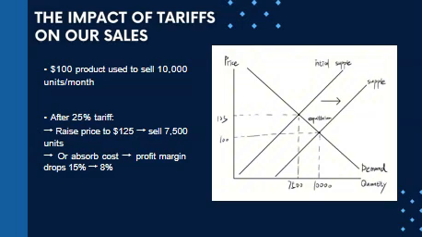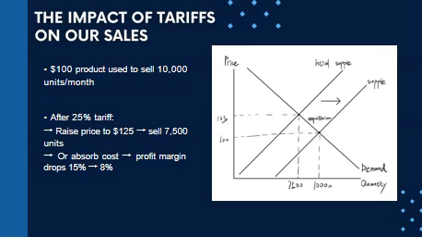When we sold our product in the May export market for $100, we could sell 10,000 units each month. But now, after the importing country imposed a 25% tariff, the entire supply curve shifted upward.